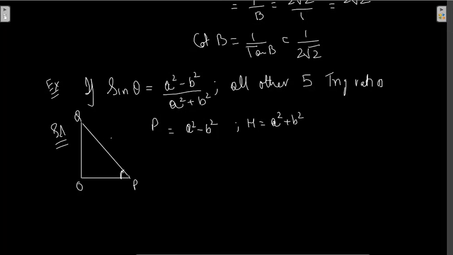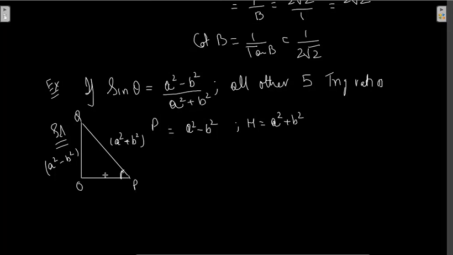So this value is a square plus b square, and perpendicular is a square minus b square. Now first things first, we are going to find the base.